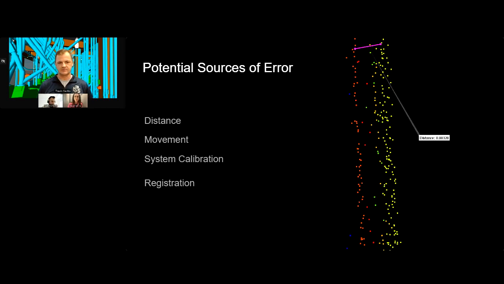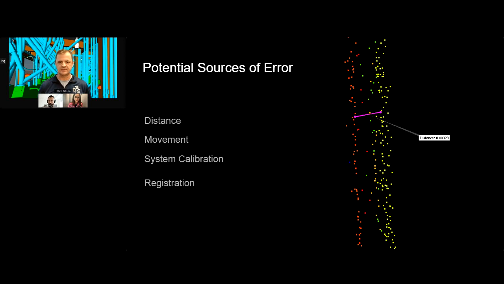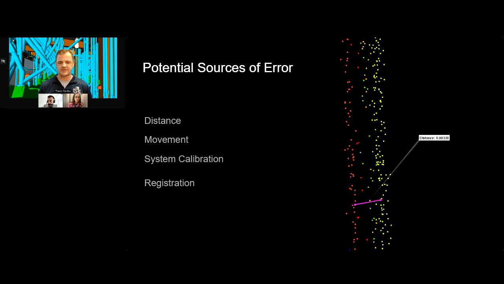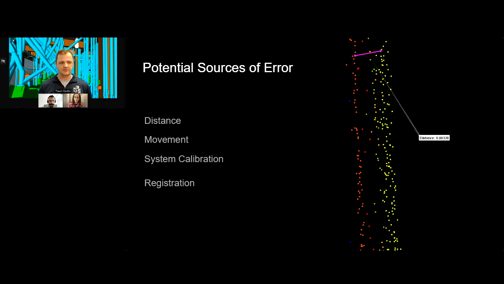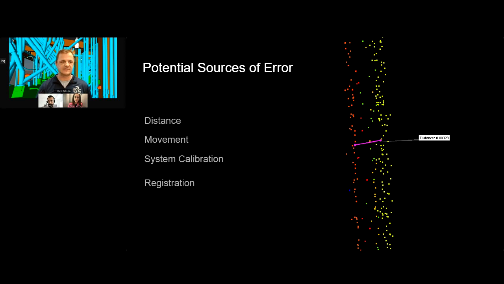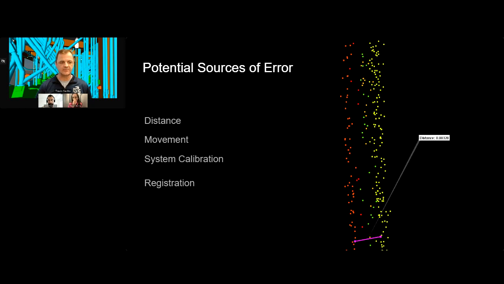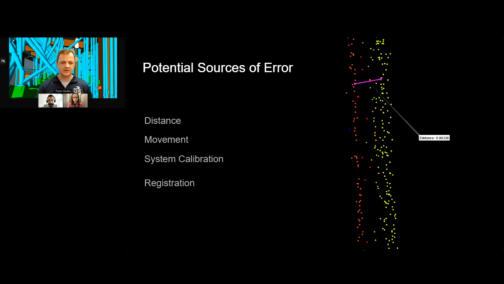But the mid and lower range terrestrial scanners don't have that compensation, so you'll get errors. And if anything with your system calibrations is wrong or not up to date, then it gives you false returns.